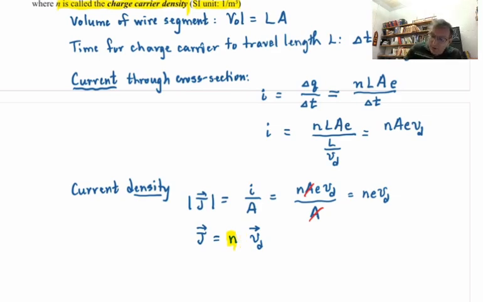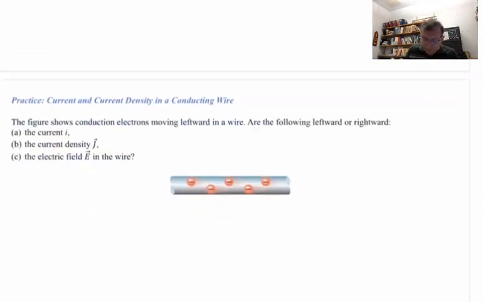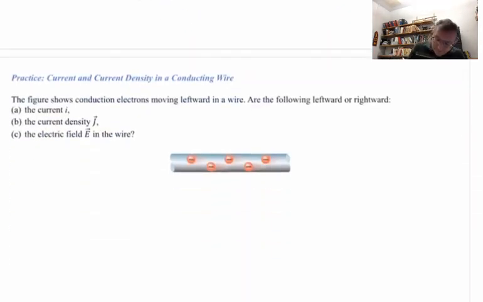In fact, the most general way to write that is just to put a Q there, where that means the charge of a charge carrier in the conductor, like that, times the velocity, the drift velocity of those carriers. So we will use that quite a bit in this chapter, as you will see when we go through examples and you do homework. So let me just leave you then with a little bit of practice for Blackboard.